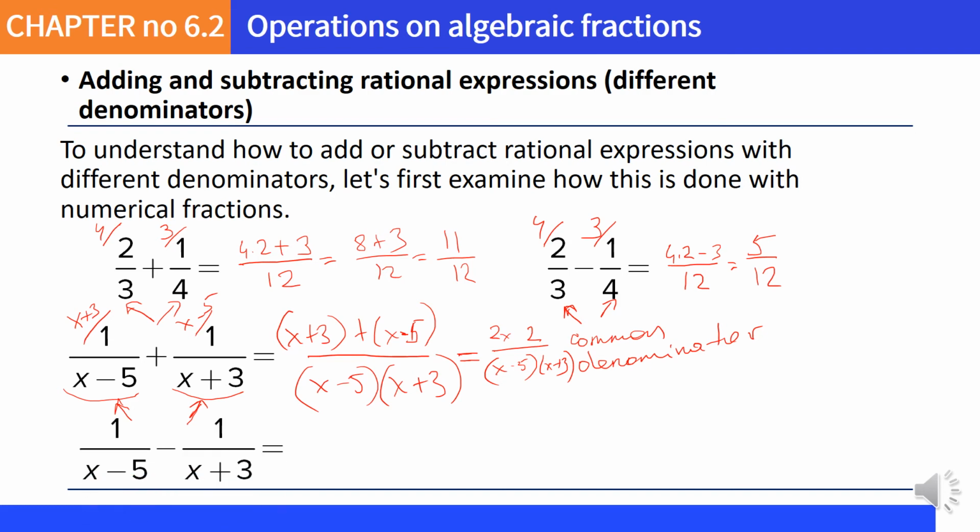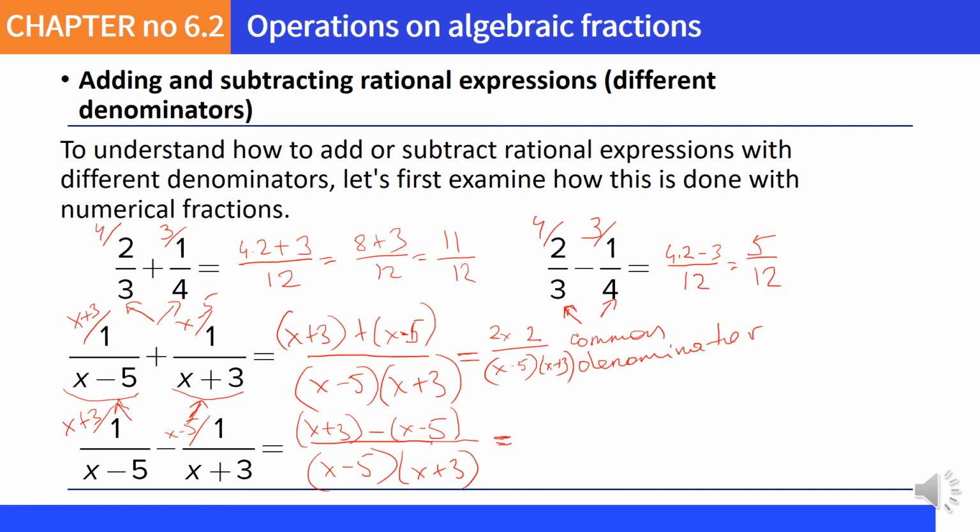The same way we'll do it for subtraction. Again, we'll find the least common multiple. In this case, it was x minus 5 times x plus 3. The first fraction was multiplied by x plus 3 and the second fraction was multiplied by x minus 5. So we get x plus 3 minus x minus 5. Don't forget, take numerators in brackets.